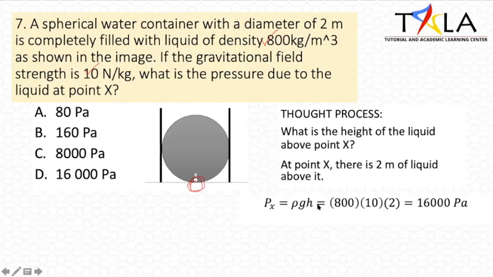Right? And yung height natin, syempre, yung diameter natin, which is 2 meters. Alright? So pressure would be equal to rho g h, and solving for that, we will have 16,000 Pascal. Alright? Okay ba? Okay pa tayo? Opo. Okay po.